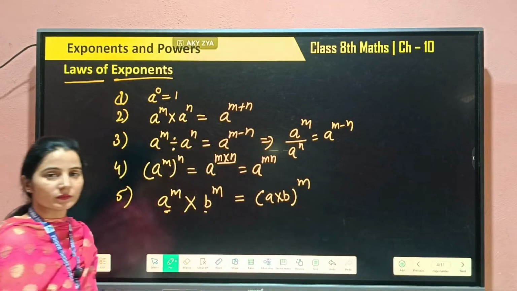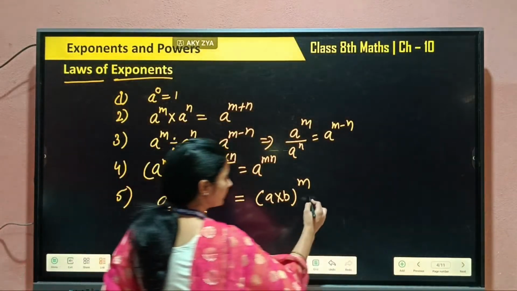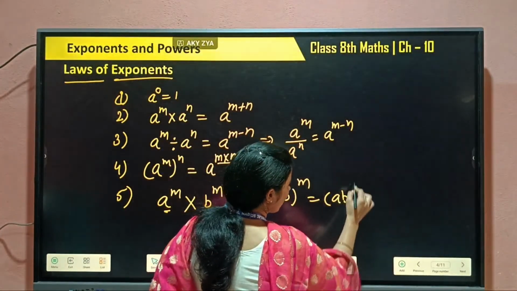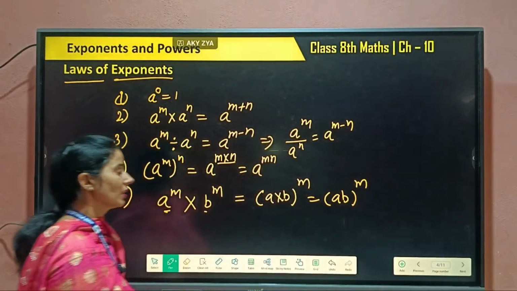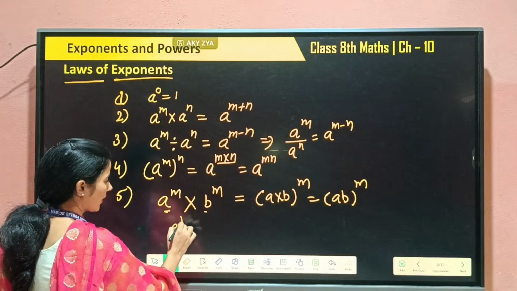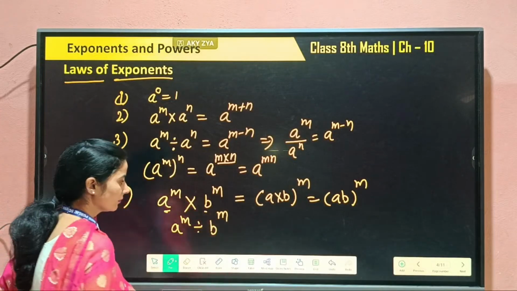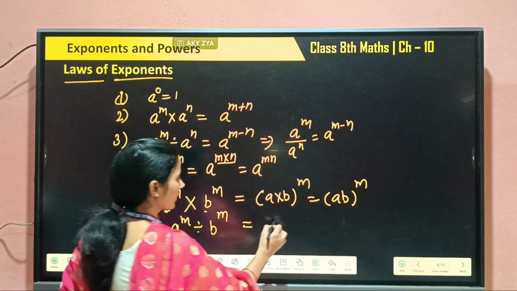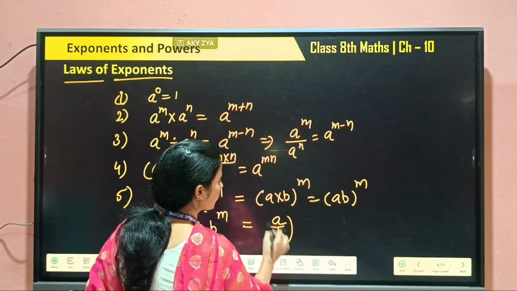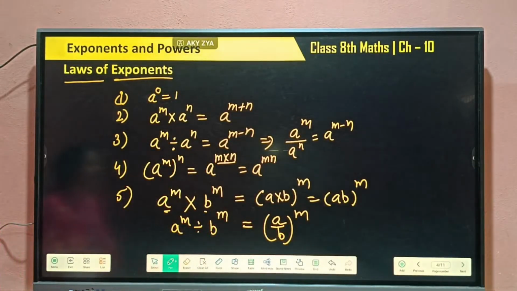This can be written as ab power m. Next, if a raised to power m divided by b raised to power m, this can be written as a by b whole raised to power m.